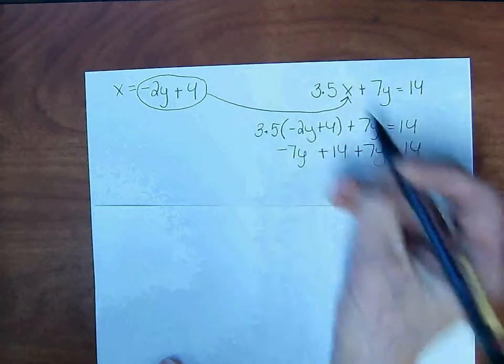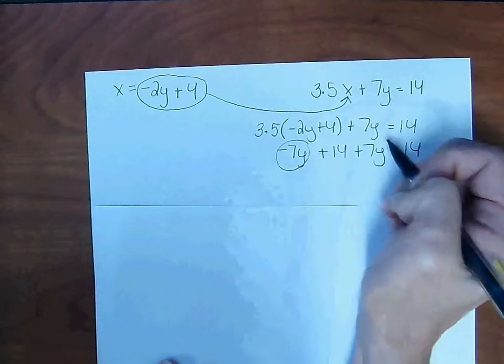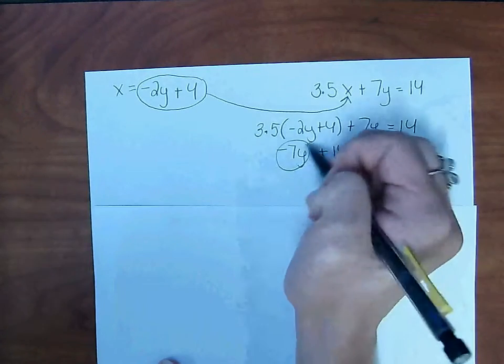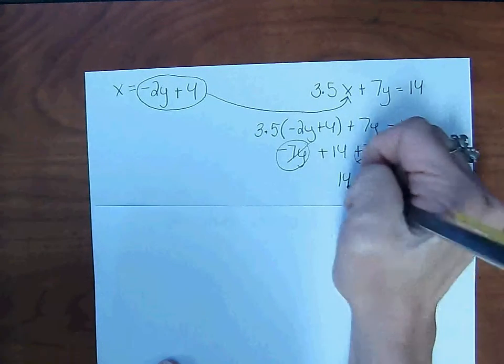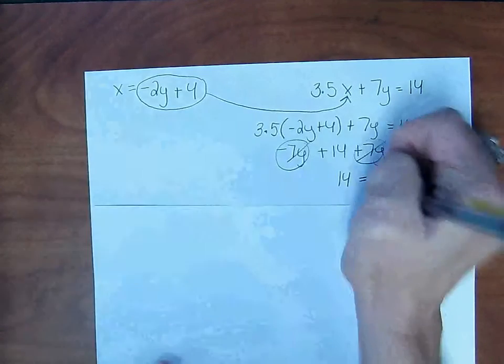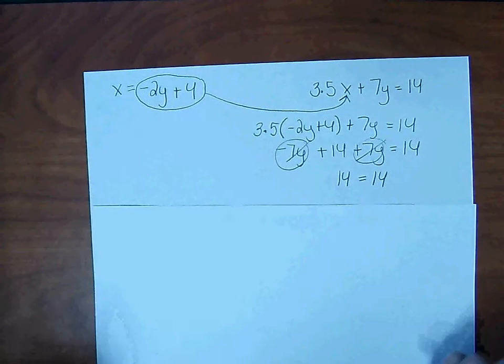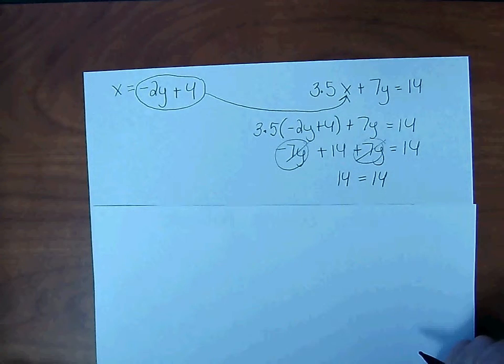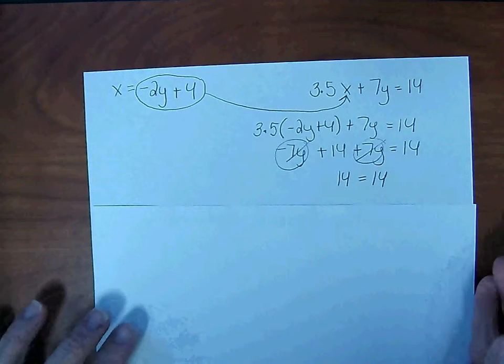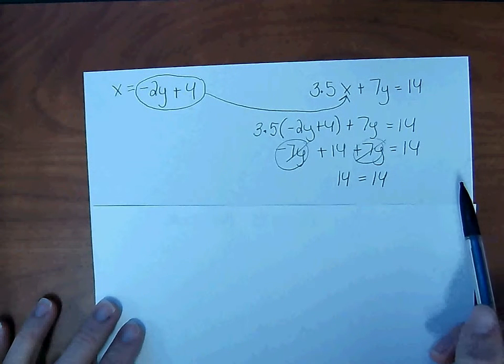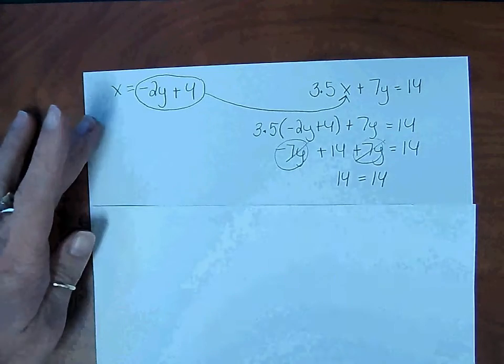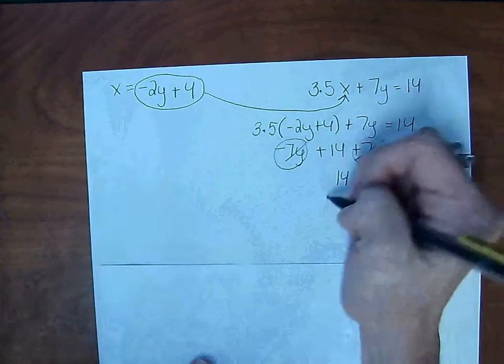Collect like terms. Negative 7y and 7y, they cancel out, and you're left with 14 equals 14. That's a true statement. That tells us then that any value we plug in for x or y, we're going to have a true statement. So this is many solutions.